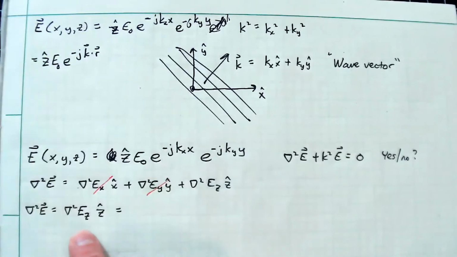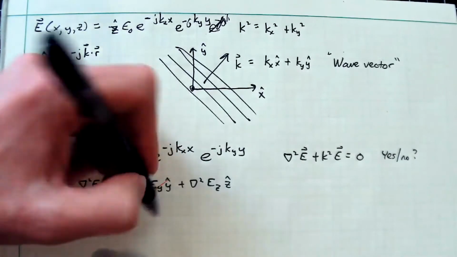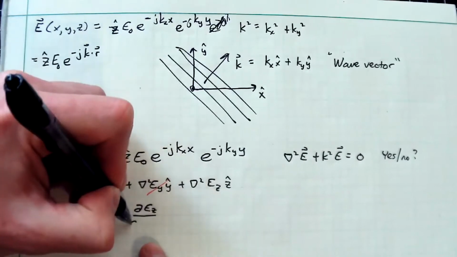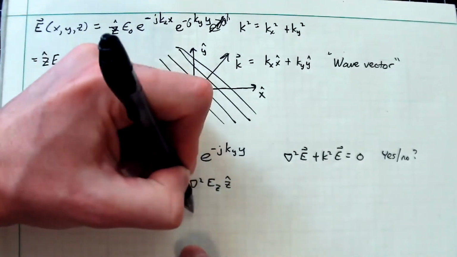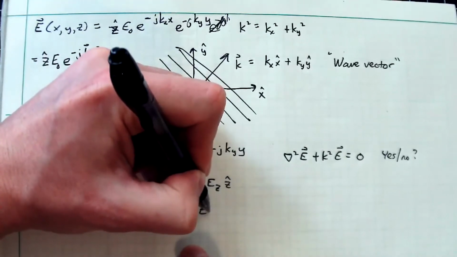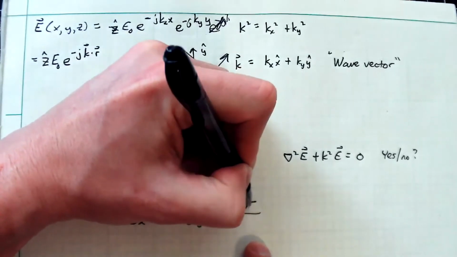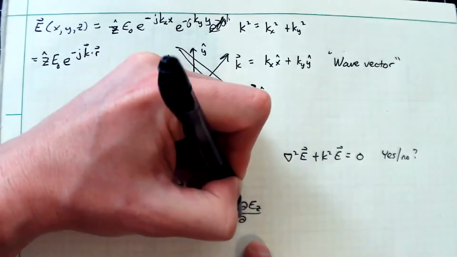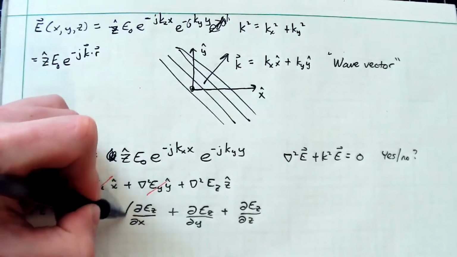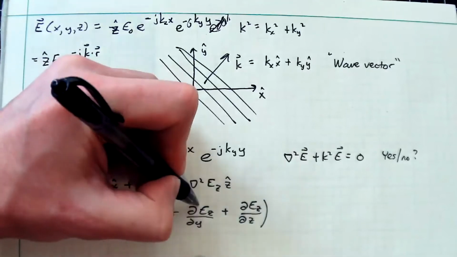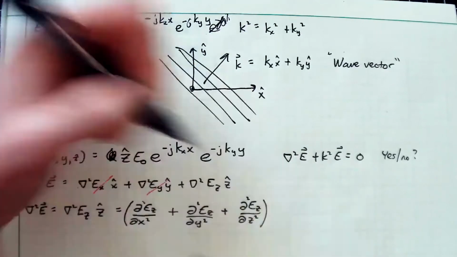And then the scalar Laplacian is going to be the following: the partial of E_z with respect to x plus the partial of E_z with respect to y plus the partial of E_z with respect to z. Oh, and these are all second partials, so put a little square here, like that.